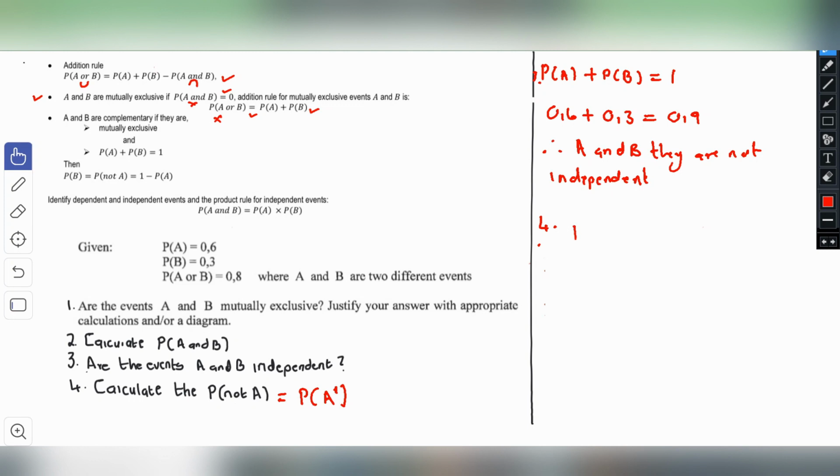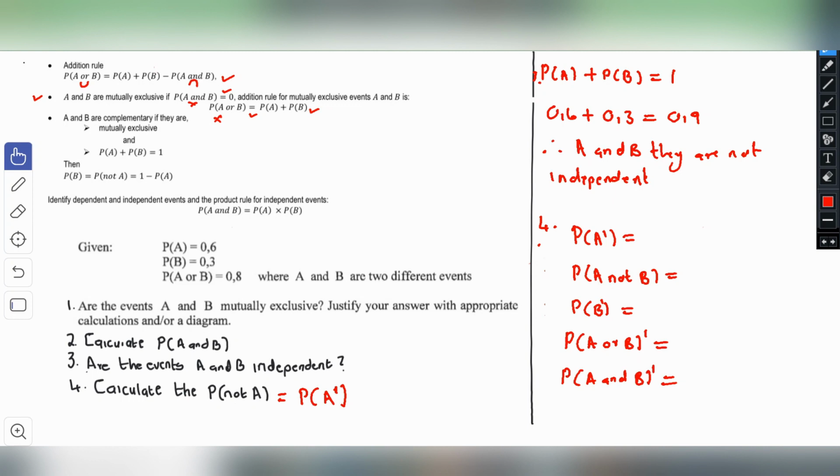You can be given: calculate the probability of not A, the probability of A not B, the probability of not B, the probability of A or B not B, the probability of A and B not B, right?